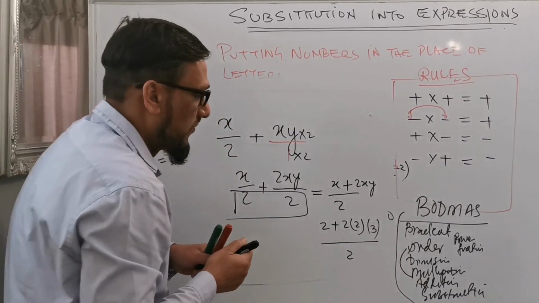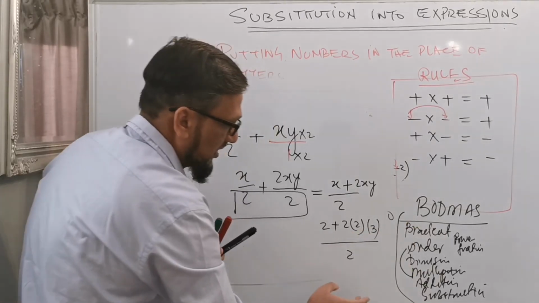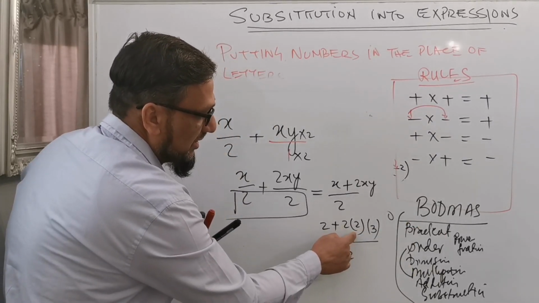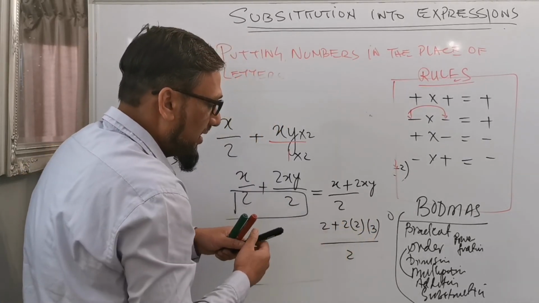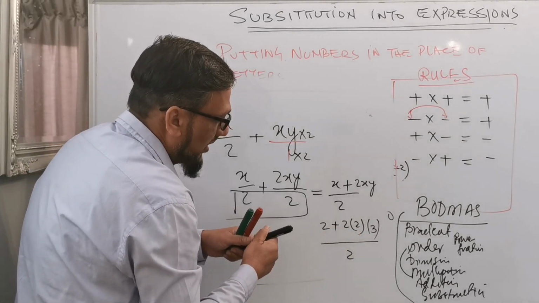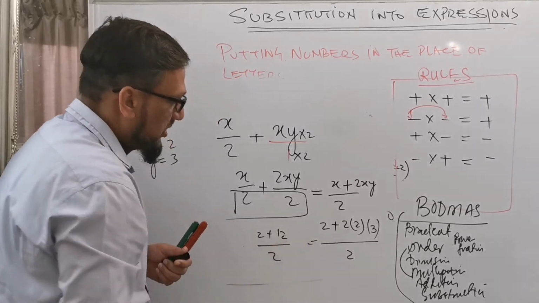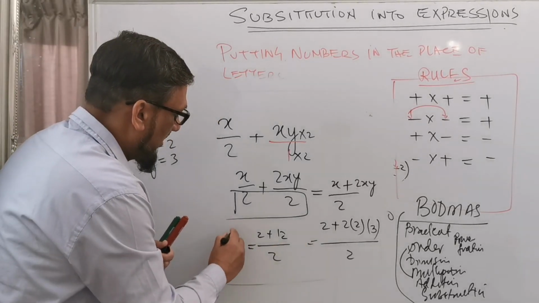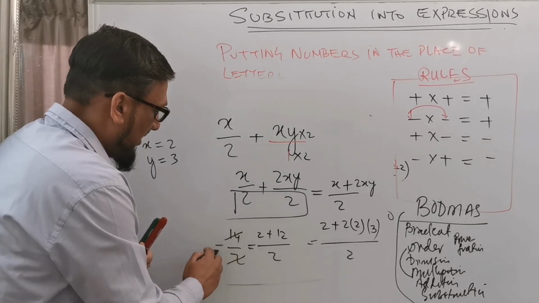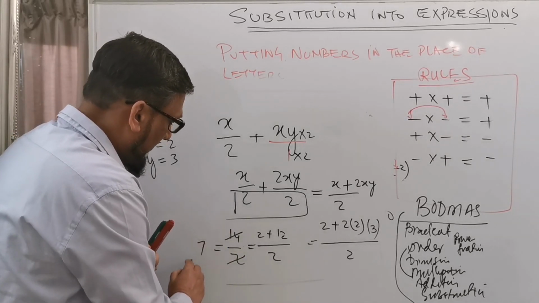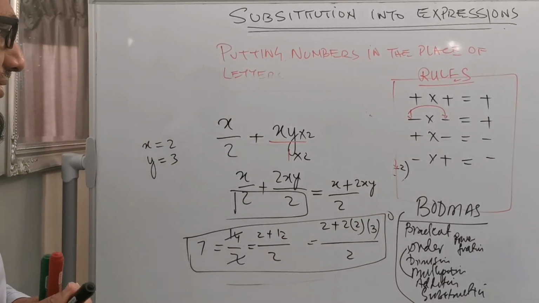First we need to do the multiplication, as per BODMAS. So 2 times 2 is 4, and 4 times 3 is 12. So we have 2 plus 12, which is 14 over 2. The answer will be 7. So this is your final answer.